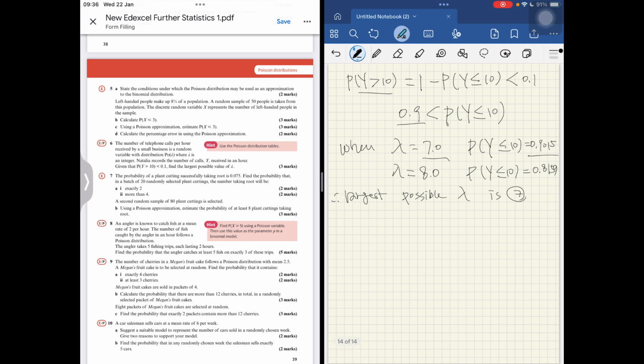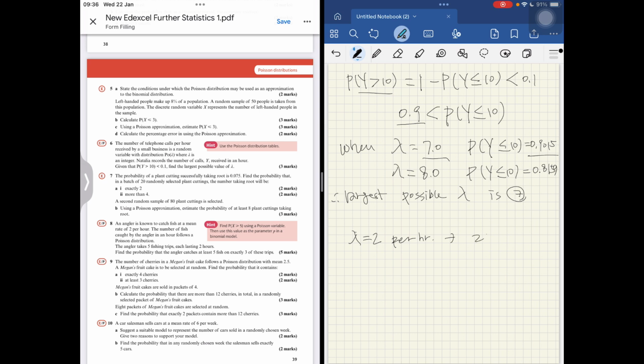Number 8. An angler is known to catch fish at 2 per hour. So lambda is 2, but it's per hour. So the number of fish the angler catches in an hour follows a Poisson distribution. There are 5 fishing trips, each lasting 2 hours.